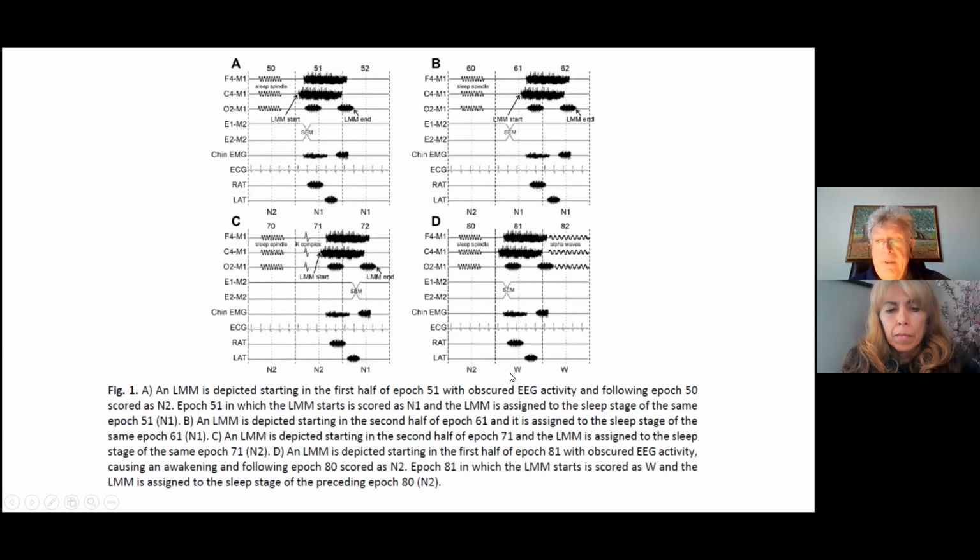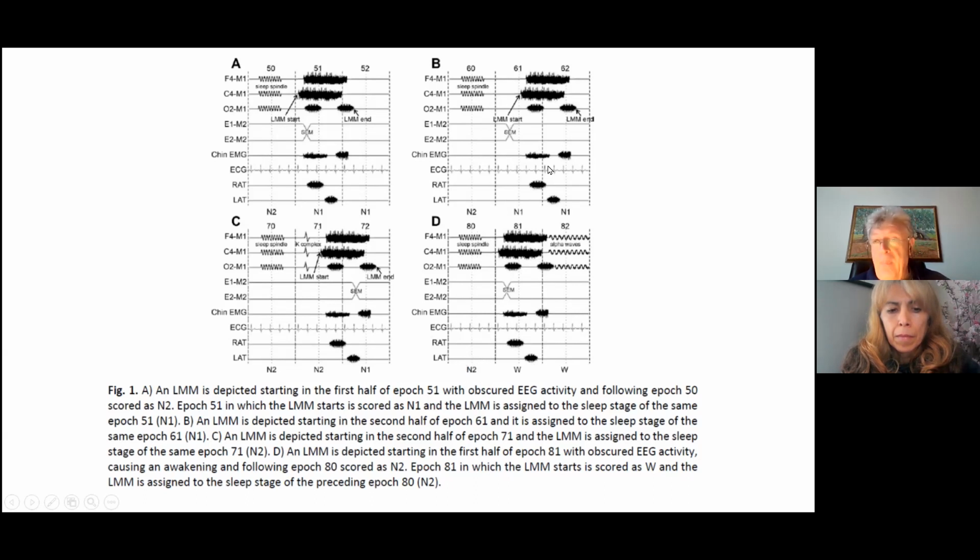Then the movement, in this case, is counted because it is preceded by sleep until it occurs. The epoch is scored as wakefulness, but the movement is counted and assigned to the stage preceding it. So we will say that this movement occurred in N2.